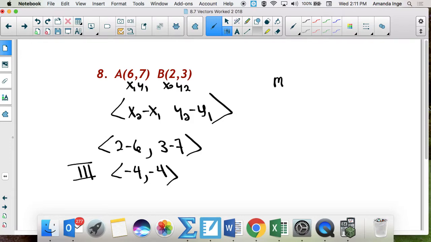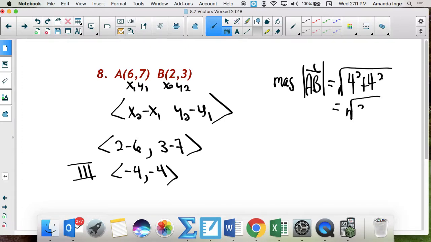So the magnitude of AB would be equal to 4 squared plus 4 squared, which would be the square root of 32. The tangent of theta is equal to negative 4 divided by negative 4, which of course is equal to 1.